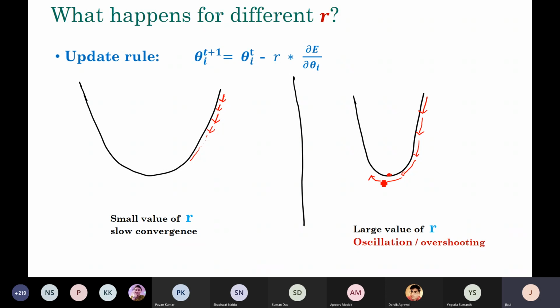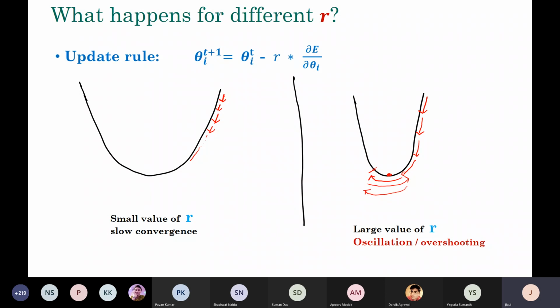Because you are using gradient descent techniques, when you are in this particular position, your gradient will tell you, no, you are in the wrong direction, move in the other direction. Since you kept your R value very large, it will try to go in this direction. Then again your gradient descent will tell you, no, you are in the wrong direction, move in the other direction, and so on and so forth.